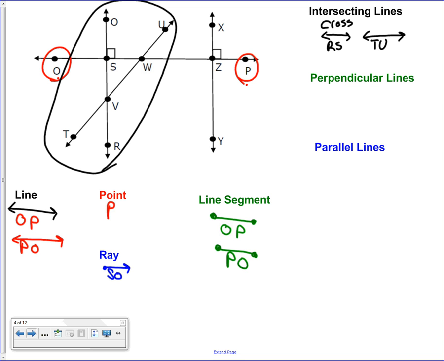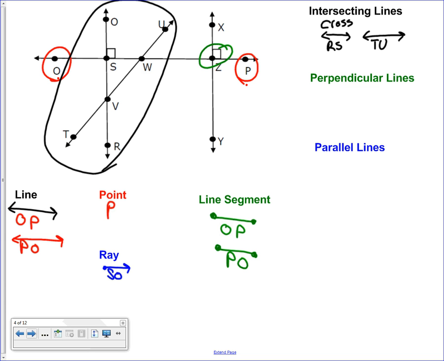Perpendicular lines are very special. They're very particular. Perpendicular lines cross, but they also form a right angle. If it's not a right angle, it's a wrong angle. That was a little angle humor there. Again, we'll talk about angles here in a little bit, but what I want you to know about right angle or perpendicular lines is they form these squares like that. When they cross, it forms a perfect square.